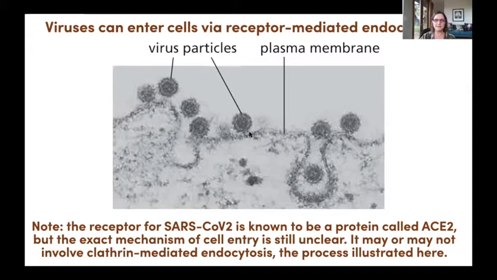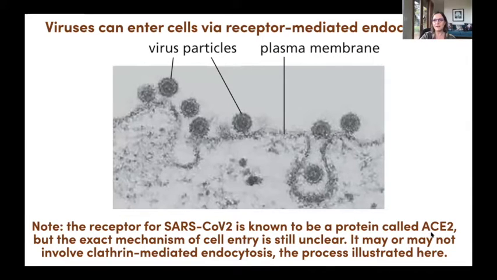At this point, I think it's still unclear whether it goes in through clathrin-mediated endocytosis or a clathrin-independent process. I've seen papers arguing both. So, like I said, if we can figure this out, and if any of these proteins are potential targets for drugs, they could be a way to block the coronavirus from entering cells.